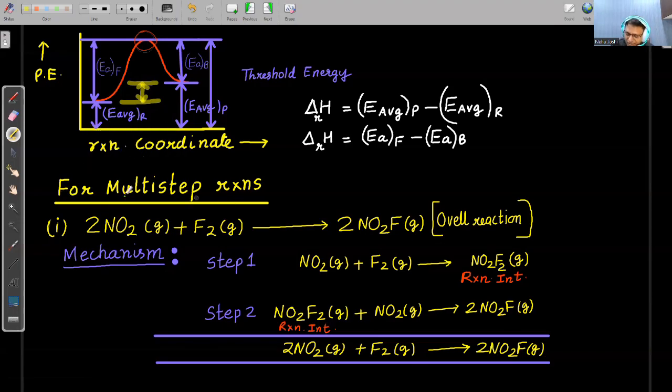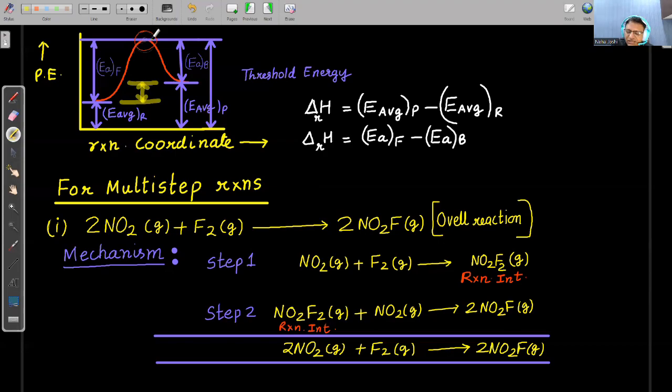So this is for a single step reaction, right? In a single step reaction, there is no reaction intermediate. There is one activated complex, we can say. If you go through NCERT, often we are using the terms transition state and activated complex.